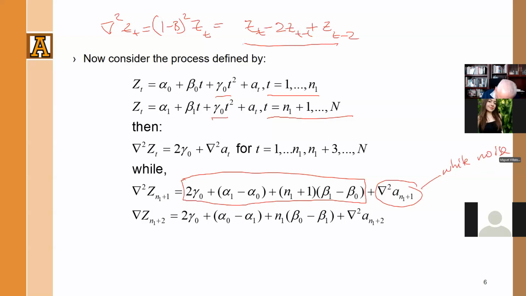And the second difference when t is equal to n1 plus 2, again, this is just a constant. These are just the parameters, right? And this part here is a stationary time series. This is white noise, which is stationary.